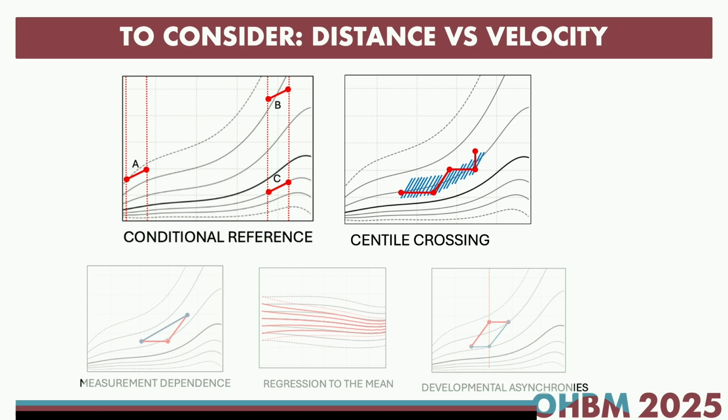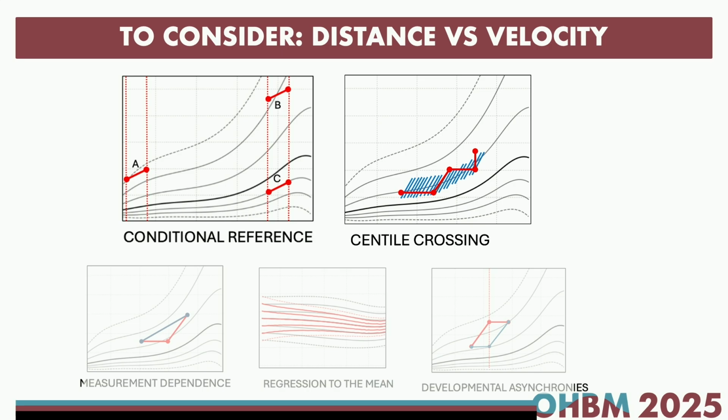It depends on when you measure and what your starting point is, and I try to illustrate that here. You see here three identical changes, and in C, the subject basically tracks a distance centile. But if you move up and have a different starting point in B, this subject crosses the centile. And if you measure in a different developmental period, you see that the subject moves away from a centile. So basically, your absolute amount of change depends a lot on where you are and when you measure.